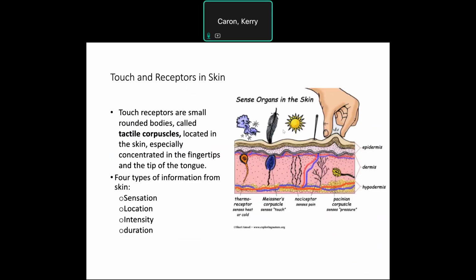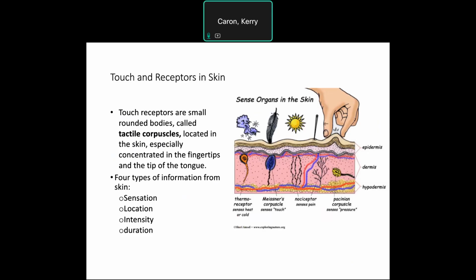So as I mentioned, touch in the skin. Touch receptors in the skin are small round bodies called tactile corpuscles. We have a lot of those in our fingertips and also the tip of our tongue. And we get a lot of information from those corpuscles.